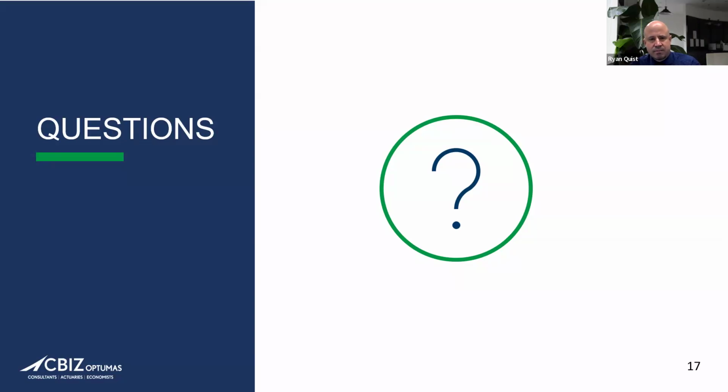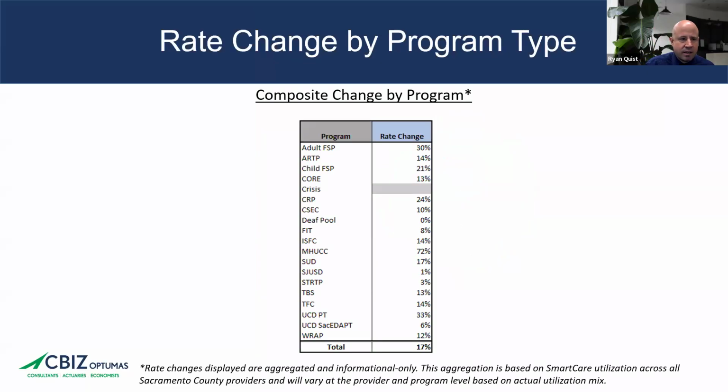Again, 17% going up is quite a bit, and I have to be able to justify it to county leadership, but this has ultimately been calculated by a third-party independent agency that doesn't have any skin in the game. They completely developed these based on all the different factors that they already pointed out.